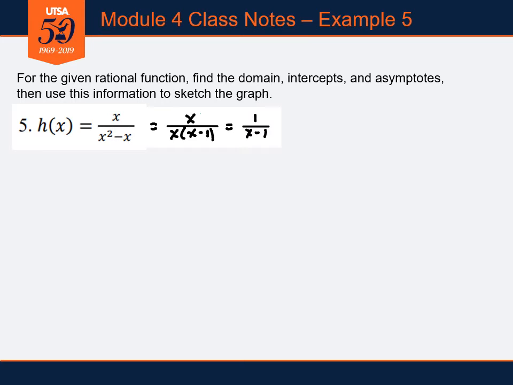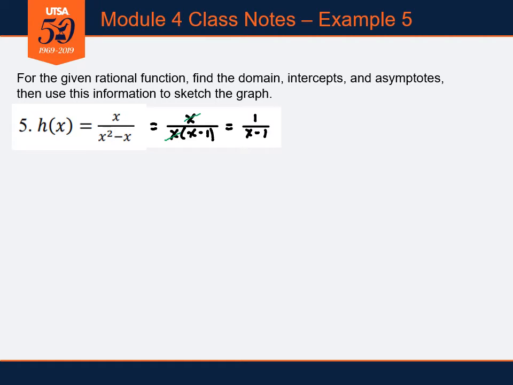The x factor in the numerator can cancel with the x factor in the denominator, and I reduce that fraction down to 1 over x minus 1. That's something that hasn't happened before, a factor in the numerator canceling with a factor in the denominator. Let's see how that affects the behavior of the graph and the calculations that we do in working through this problem.